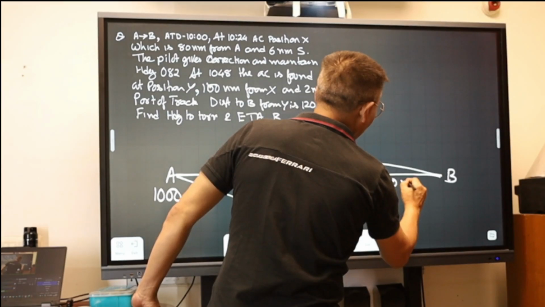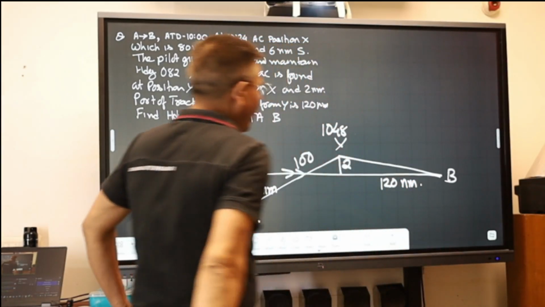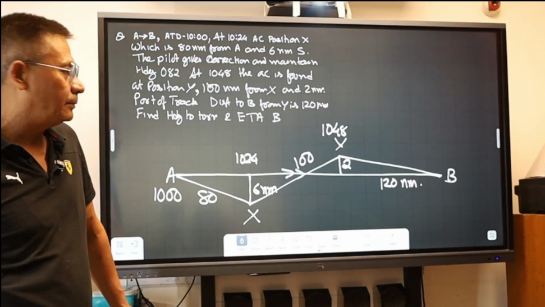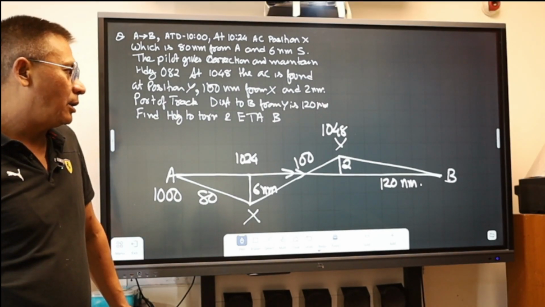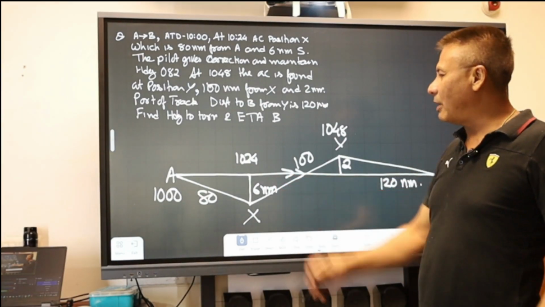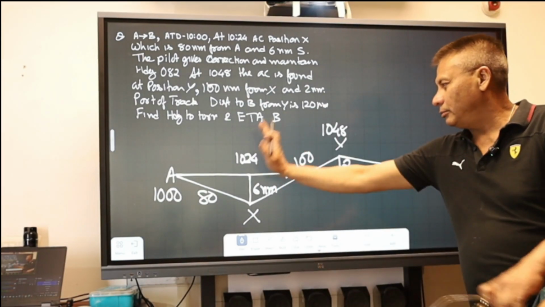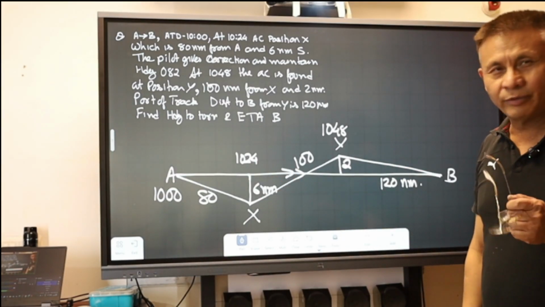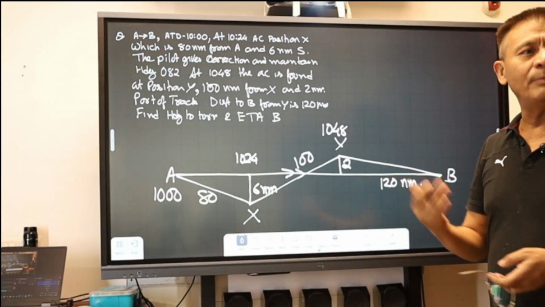Find out the heading to turn and the time of arrival. Now I will solve this for each and every leg. The first leg you may not require to solve, but I will solve it for the practice.